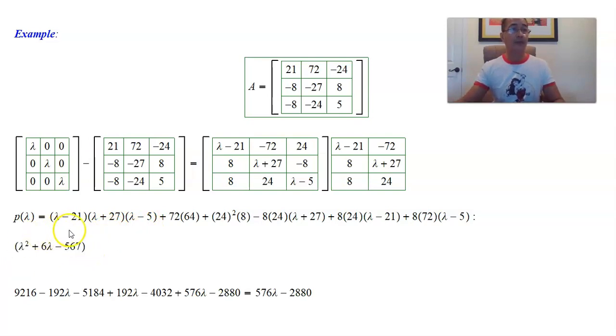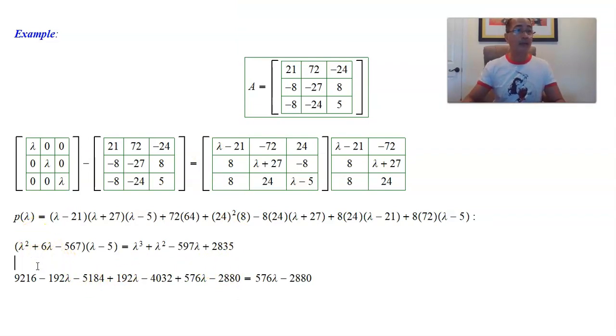Okay? So if we let Maple do the messy stuff for us, compute, expand, there we go. That's what it will come down to. So our final P of lambda, we can now add it all together.